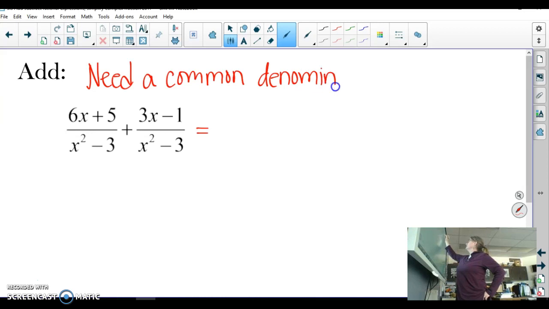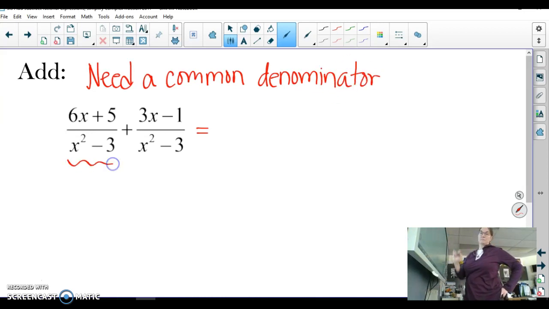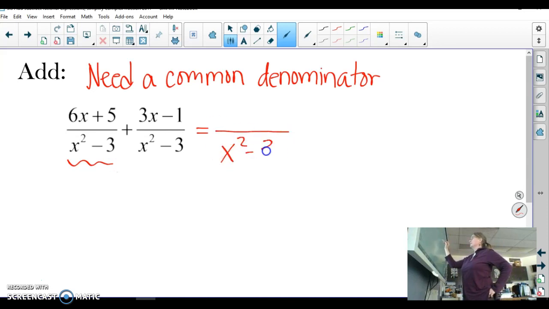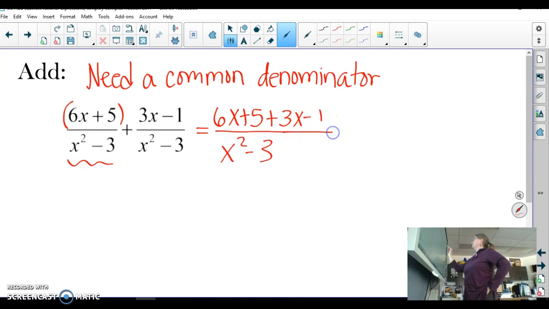And if you notice, these guys have a common denominator already of x squared minus 3. So that is going to be my denominator. I'm starting out relatively easy, and they build, so bear with me here. But we have that common denominator, so we just leave it, and then we add the tops together, so we have 6x plus 5 right from here, and then plus 3x minus 1.